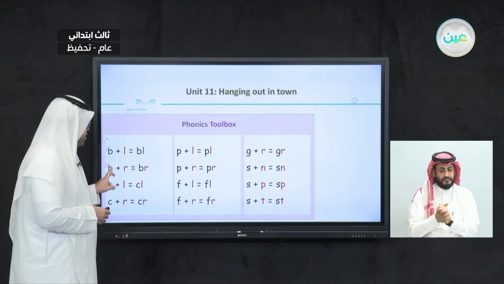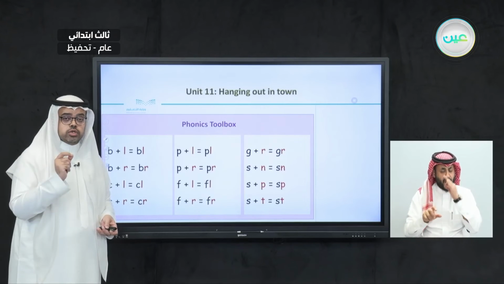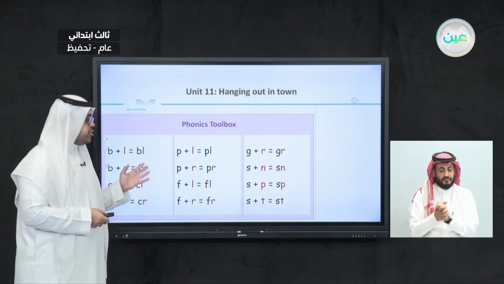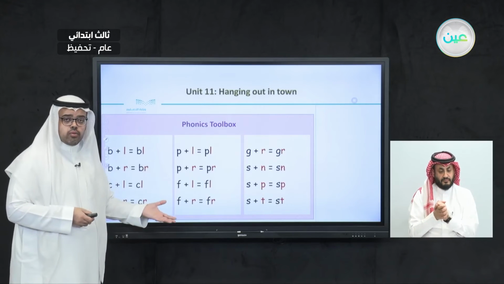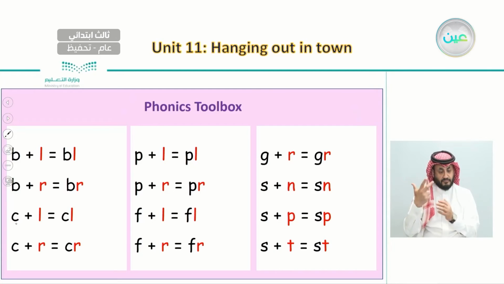Also, here we have the letter B. If we add to it R, then it will become a blend. And what do we mean by a blend? It is one sound unit, as, for example, in brown. And with the third one, here we have the letter C.